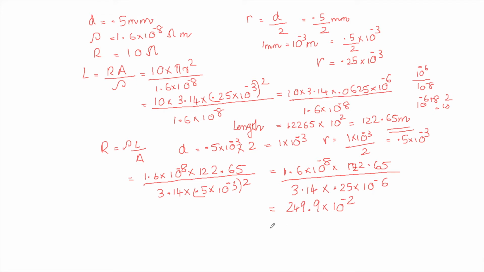Okay, so the answer will be 24.99. Okay, and approximately we can write it as 25 ohm. Okay, otherwise 24.9, that is also fine. So this is our new resistance when the diameter it is doubled.